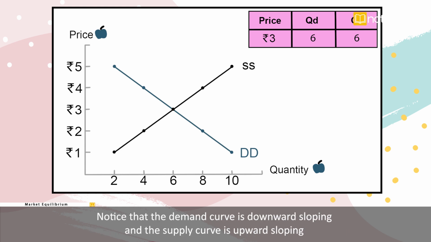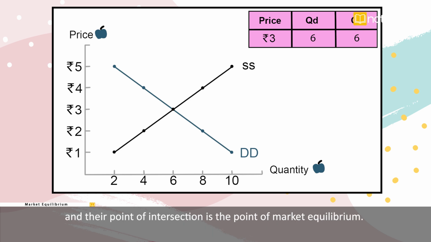Notice that the demand curve is downward sloping and the supply curve is upward sloping. And the point of intersection is the point of market equilibrium. For the sake of simplicity, we assume that both are straight line curves.